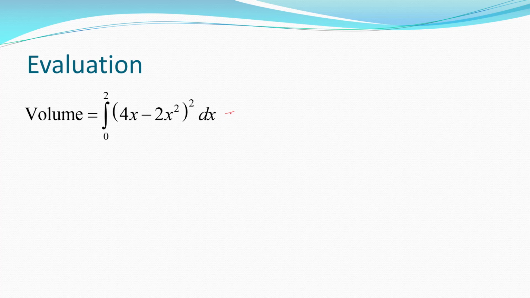In order to find this definite integral, we're going to be forced to square this out first. So we have from 0 to 2. Distributing that product would give you 16x squared, minus 16x cubed, plus 4x to the fourth, dx.